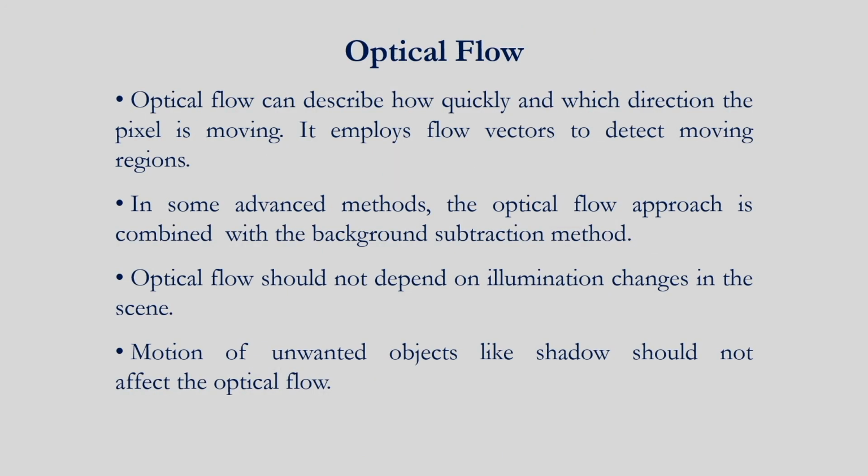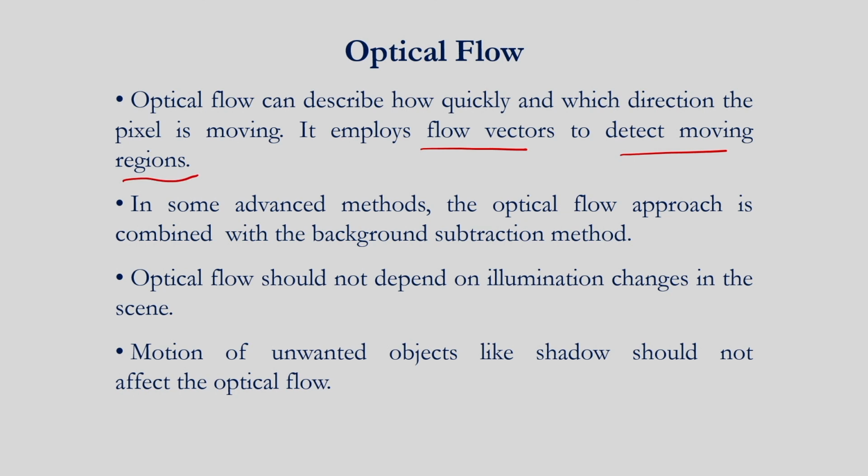So what is optical flow? This concept is very important. Optical flow can describe how quickly and in which direction the pixel is moving. That means the visual motion pattern can be determined by the optical flow algorithm, and we can determine the motion vectors, that is the flow vectors, to detect moving regions.